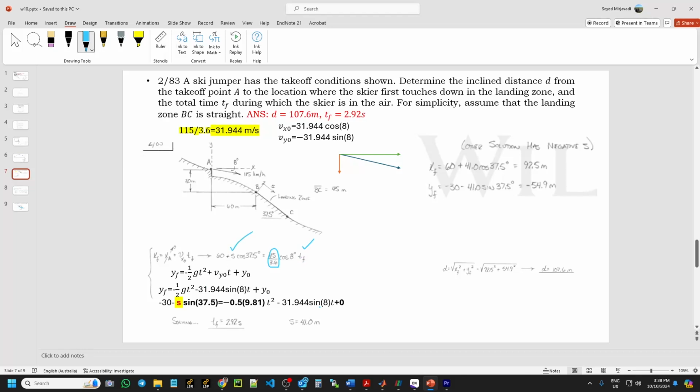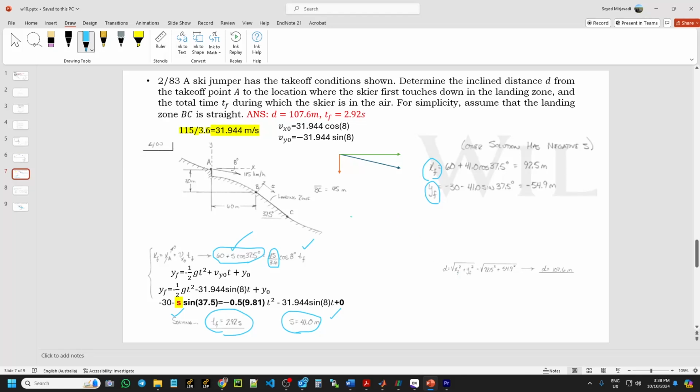Again, two unknowns, t and S. You can easily find the t and S. So after finding S and tF, use the tF and just substitute in these equations and find the X coordinates, or sorry, you can easily just substitute S here and find the xF and yF.